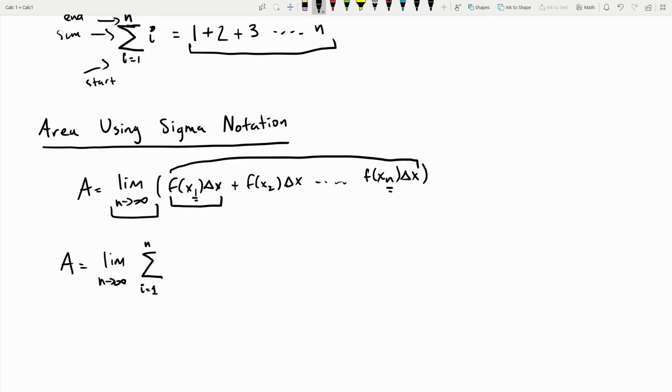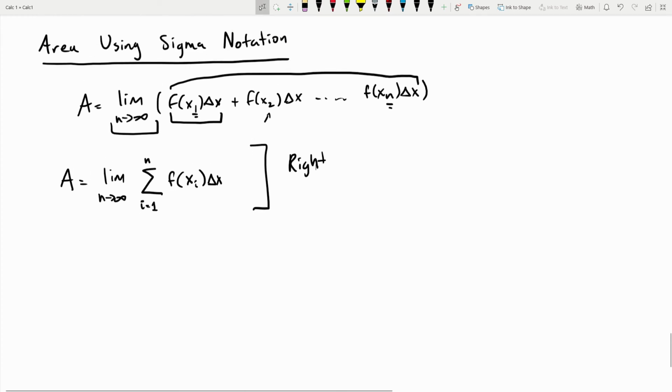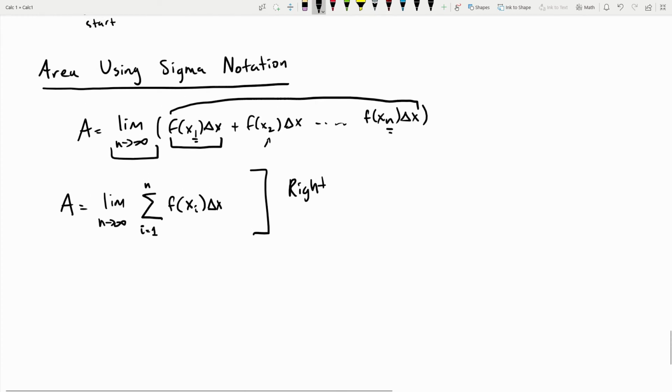What does each term consist of? Each term consists of f at x, and we're going to leave out the little subscript for now, times delta x. As we can see, the only thing changing is the subscripts. It goes from 1 all the way to n. So here, instead of putting those terms, we just put i. And now we have a nice and compressed method of writing the right endpoint method for calculating the sum of these rectangles, or the area under a curve.